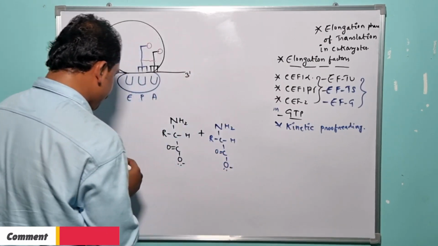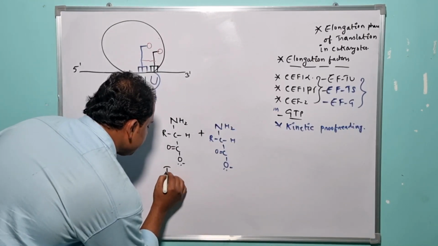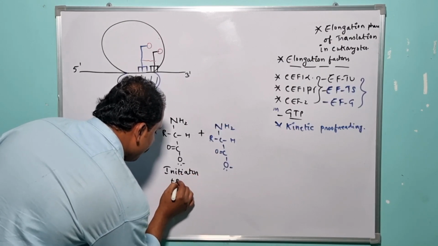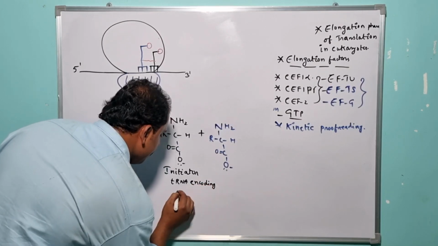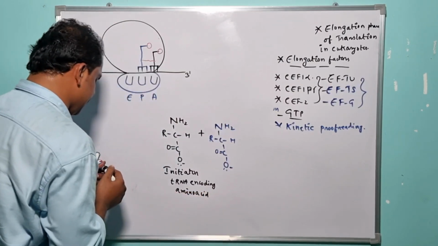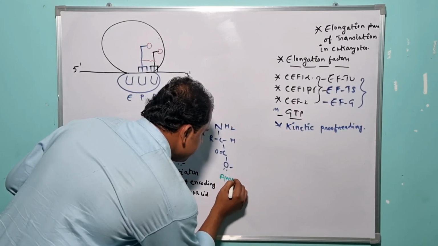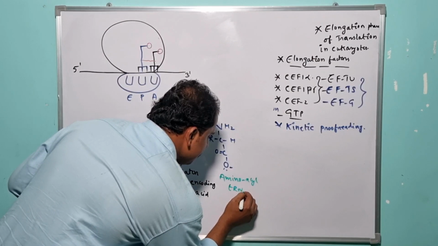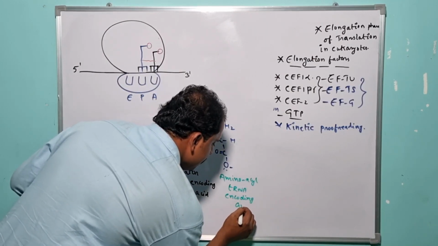So here in between the initiator tRNA encoding amino acid and the amino acid tRNA encoding amino acid, the peptide bond formation takes place, right? So this is nothing but the amino acid tRNA encoding amino acid, right?